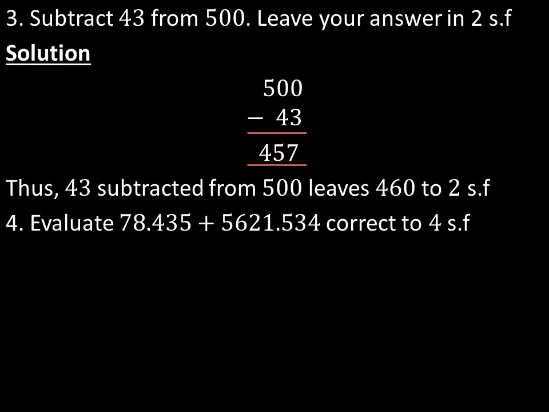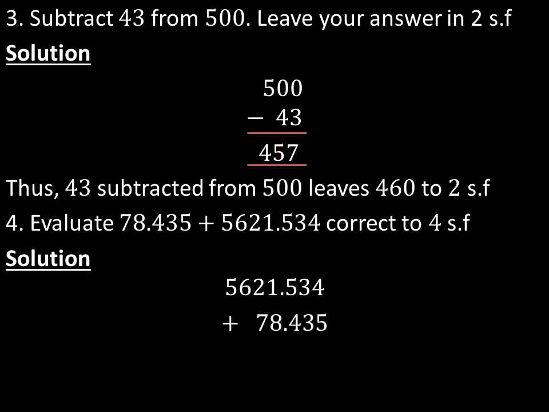Here is our solution. 5,621.534 plus 78.435 will give us 5,699.969.